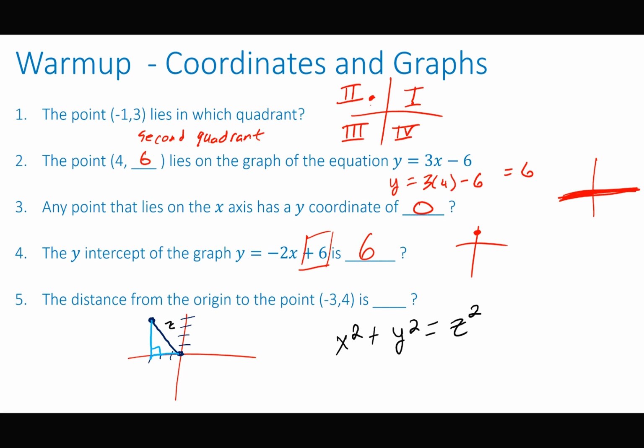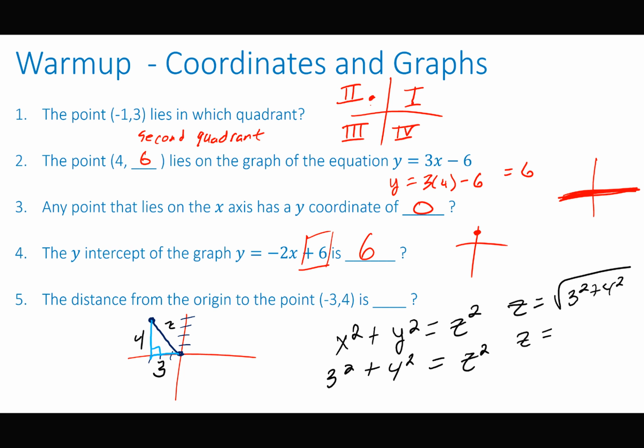What is the base, my horizontal distance on this triangle? 3. And my vertical distance would be 4. So I'd have 3 squared plus 4 squared equals z squared. If I wanted z, that would be the square root of 3 squared plus 4 squared.